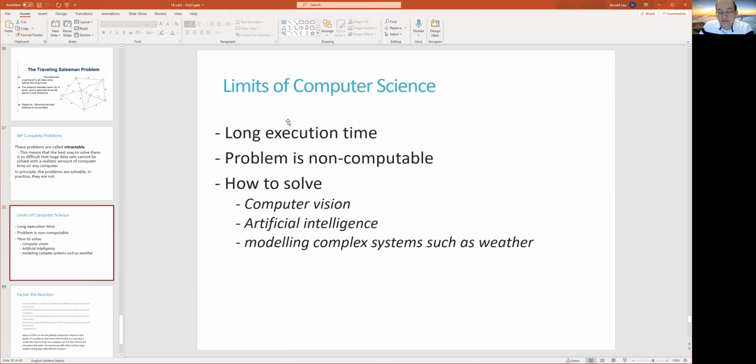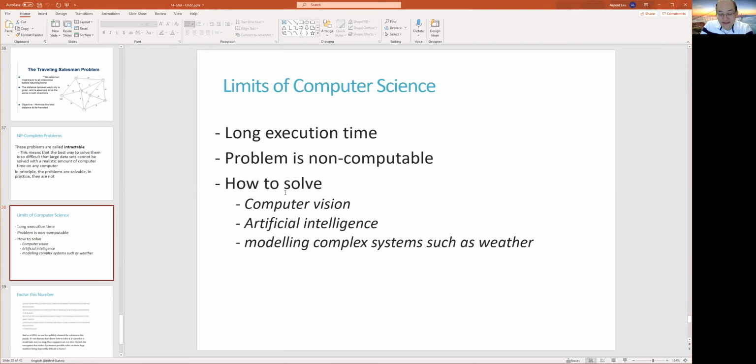So this goes back to the original title of this chapter, talking about the limits of computer science, right? So certain types of calculations will just take a very long period of time. The problem is non-computable, right? It just keeps on going forever and ever.